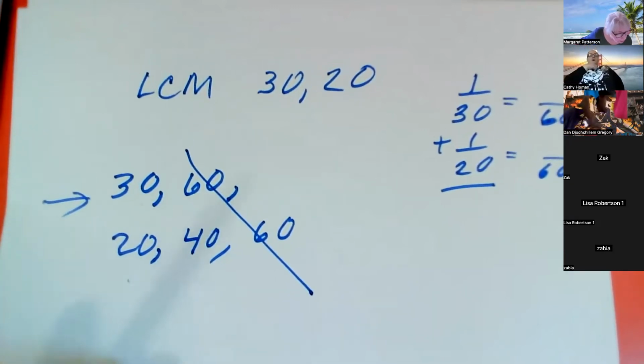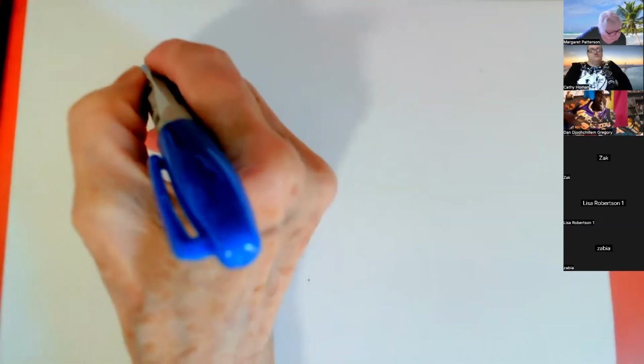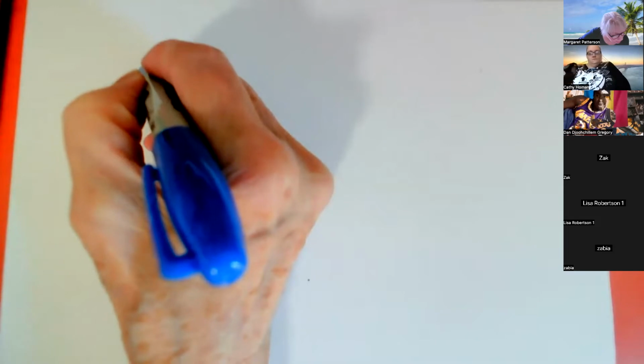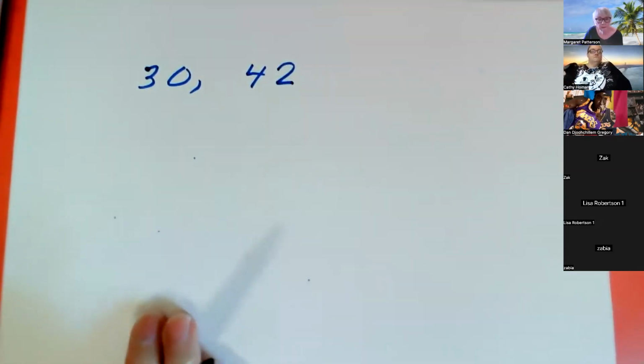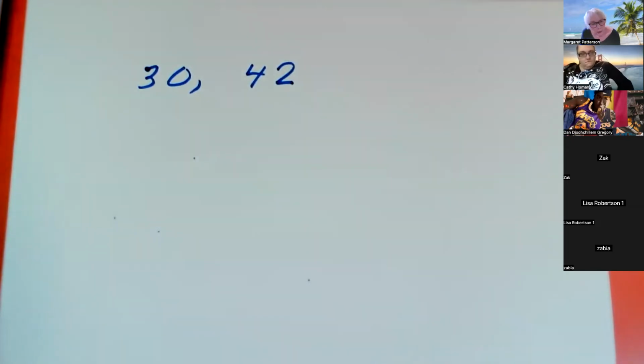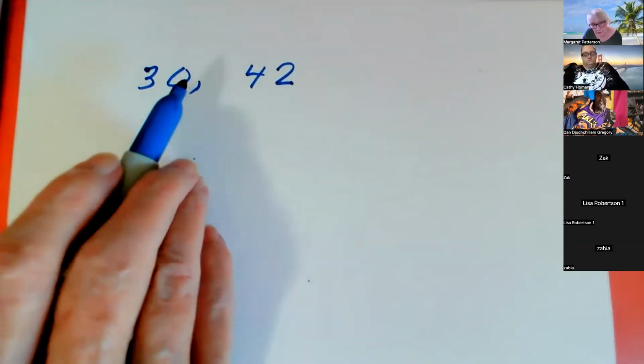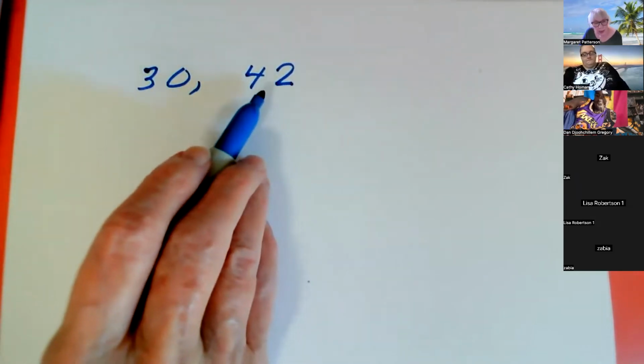So let me do a different one. 30 and 42. Now, as the numbers get larger, it gets harder to see what the answer might be. I suspect it's going to be a fairly large answer.